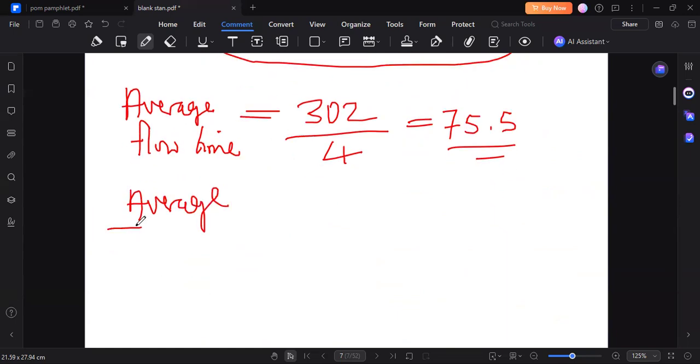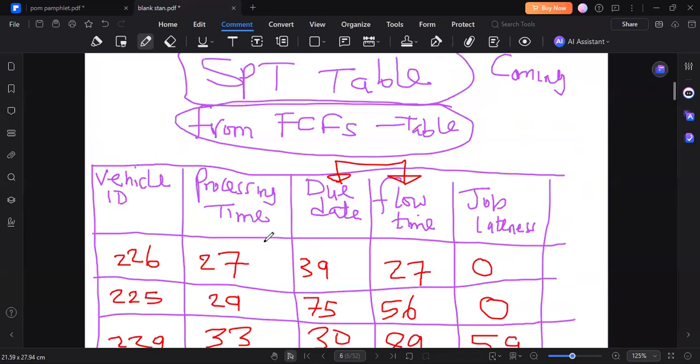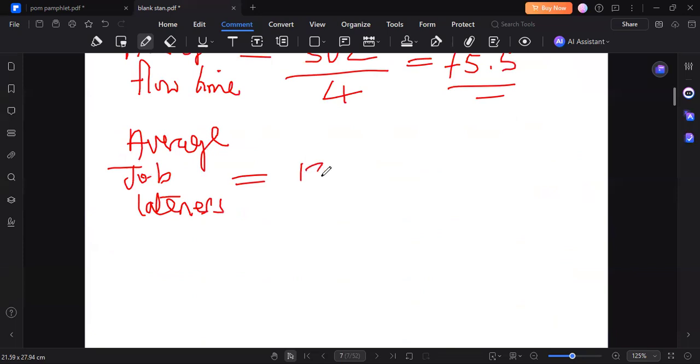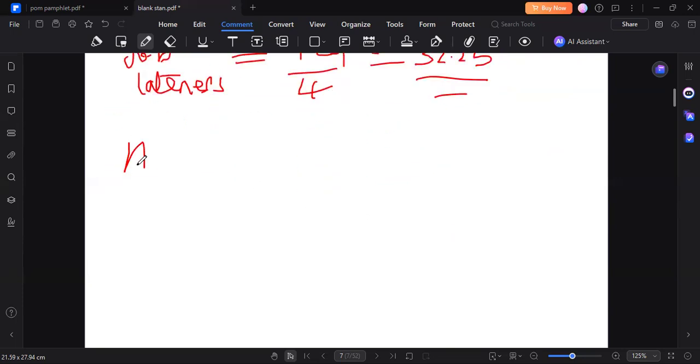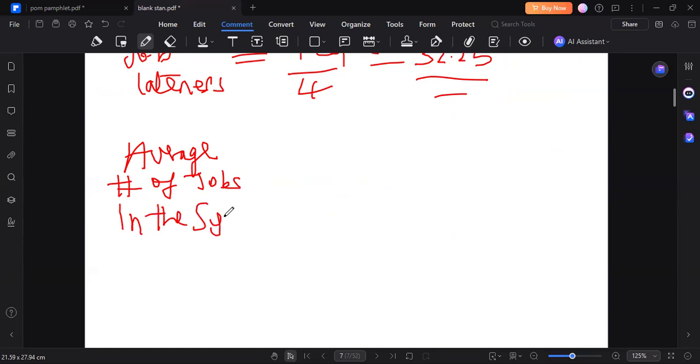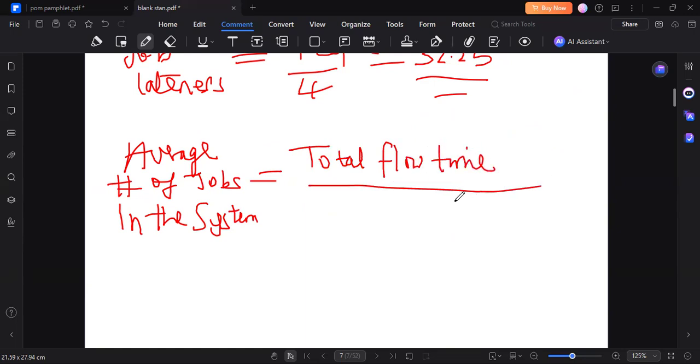Average job lateness is 129 divided by 4, 32.25. Average number of jobs in the system is equal to total flow time over total processing time.